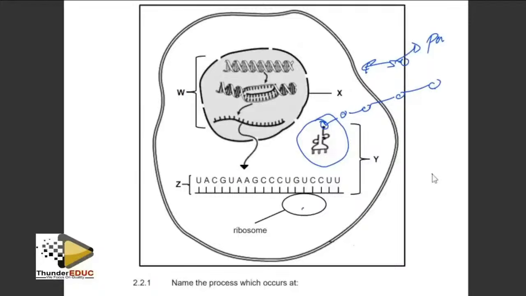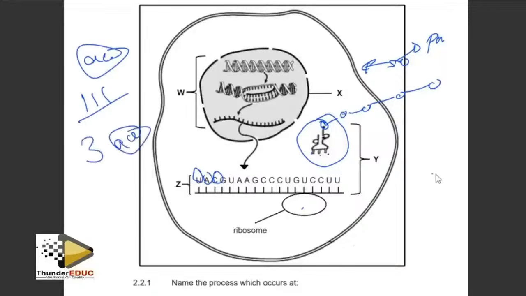Now, a question can come: how many bases, how many nucleotides, code for an amino acid? An amino acid always has 3 bases, 1, 2, 3. But if they say there are 3 amino acids, how many bases are there?